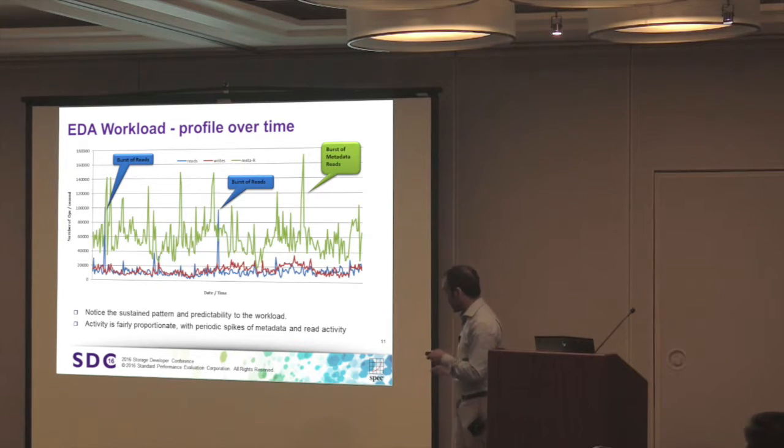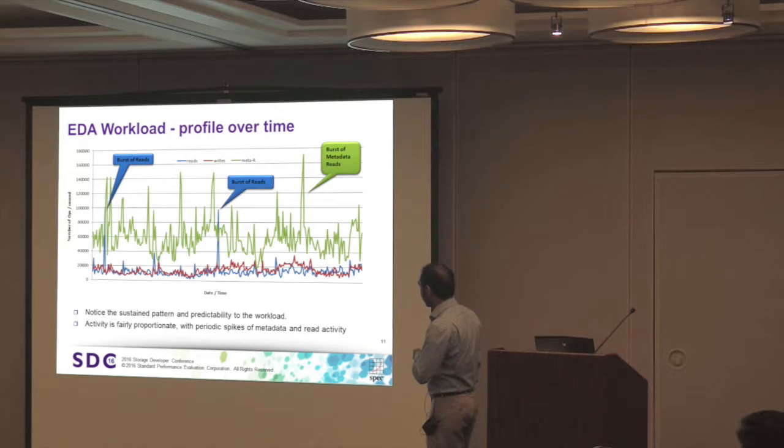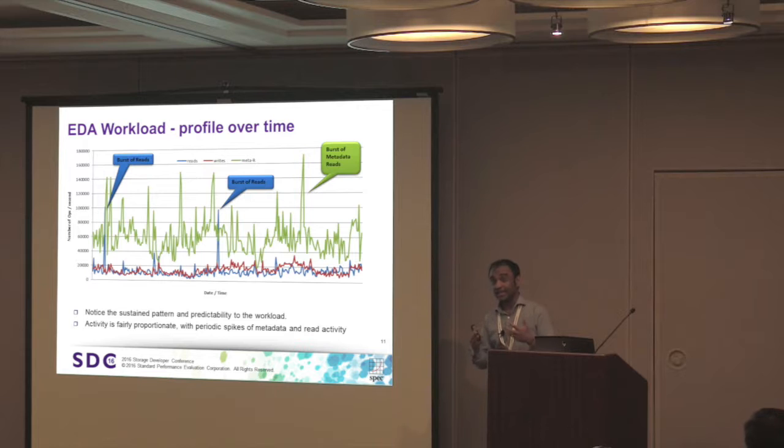But the idea became that if I strike a line through the reads, through the writes, and through the middle on the metadata, then I would have some type of an EDA sustained average normalized profile over time, right? And the larger the sample you take, the better the results you get, right? And that's kind of the whole premise around how the profile was formulated.